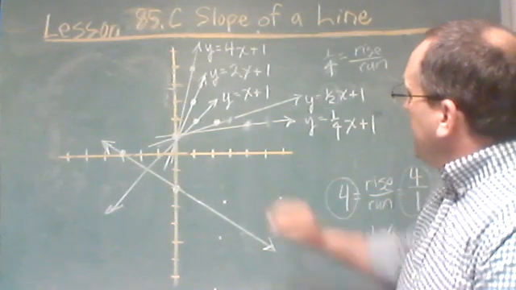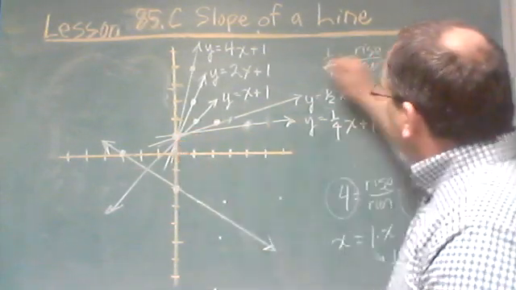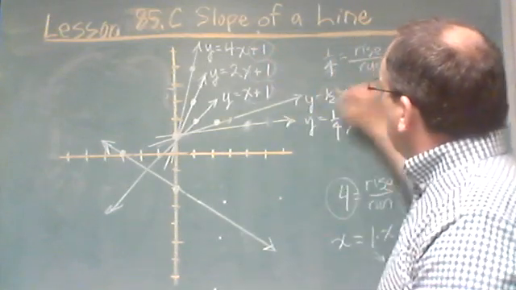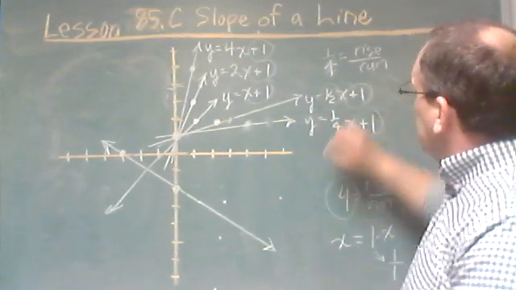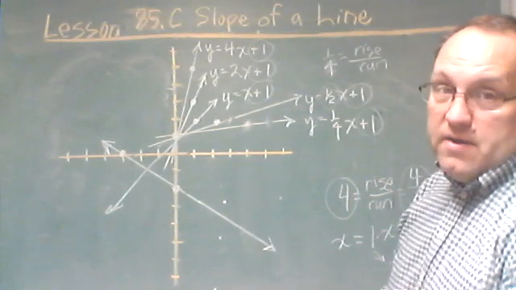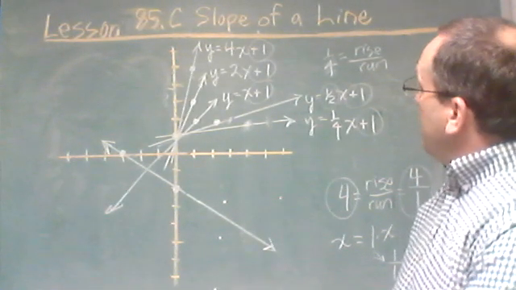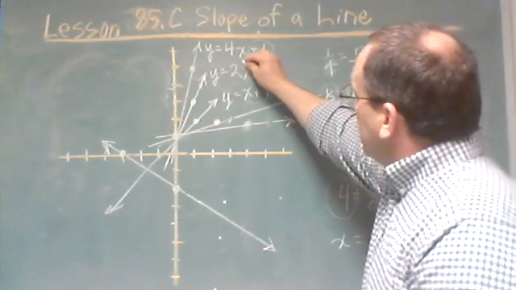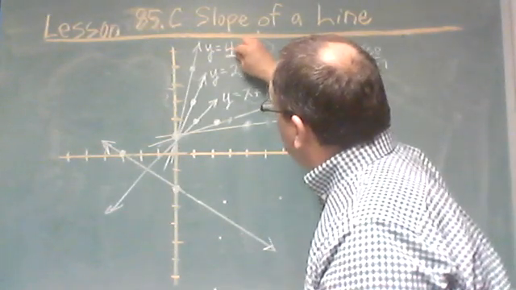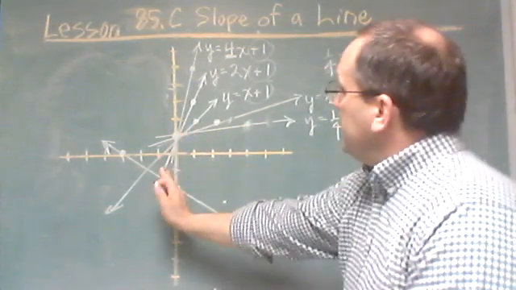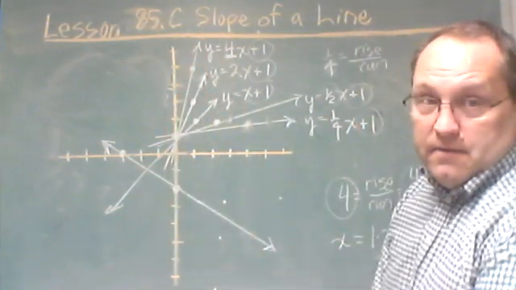So notice, with the same intercept, all of these have +1 as the y-intercept. The only thing different about them is the slope. And what do you notice about that? Well, when the number is bigger, like here, the biggest number in that set of slopes is 4, the line is really, really steep.